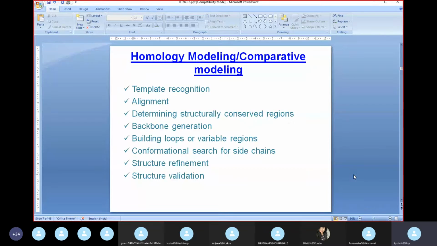Then of course you carry out alignment, and we will see the different ways in which you can carry out alignment. Then you determine structurally conserved regions. This is important not only for structure, because most of the enzymes, like we know, and you have also studied in your enzymology class, that you have classes of enzymes, right? Enzymes which carry out similar function. So an enzyme which is a dehydrogenase always has an NAD binding site because it uses NAD as a cofactor.